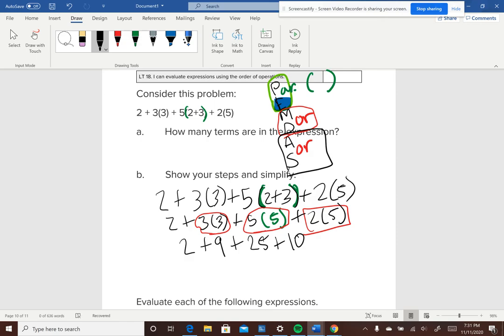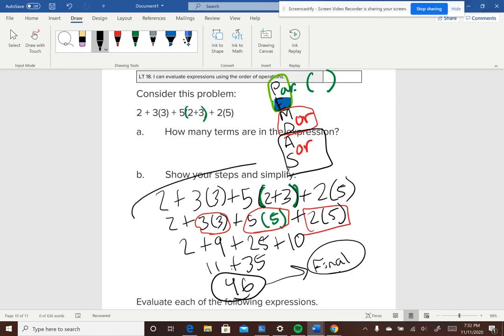We don't see any subtraction, so we don't have to worry about it. 2 plus 9 gives me 11. 25 plus 10 is going to give me 35. 11 plus 35 is 46. So if we were to show all of our steps and simplify, this is what our final answer would be. 46. So that's the same thing as this expression, except it's in simplest form.